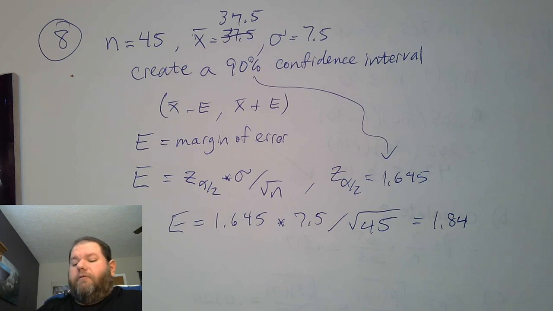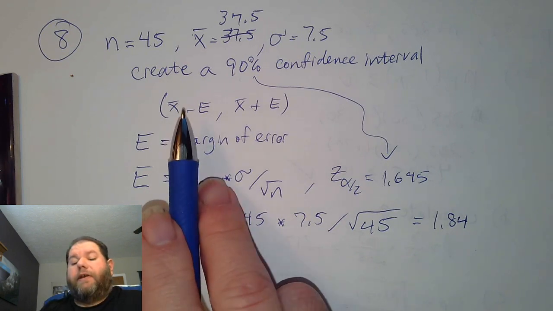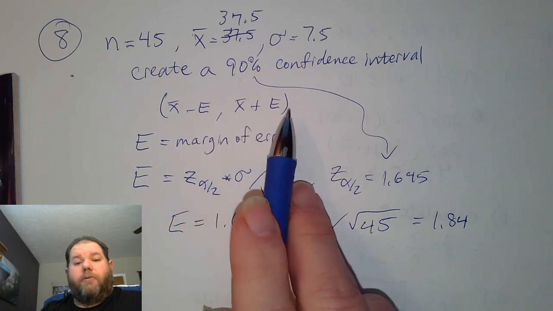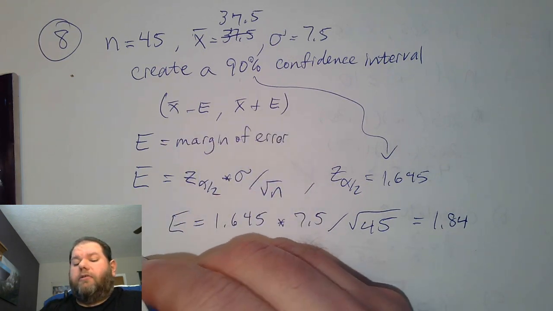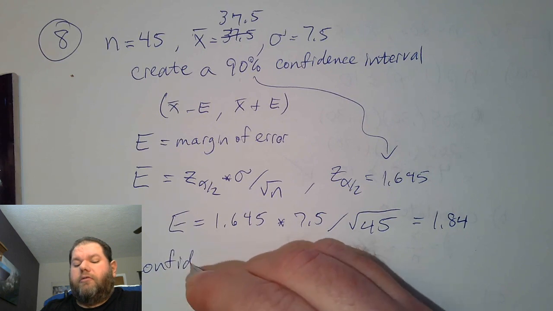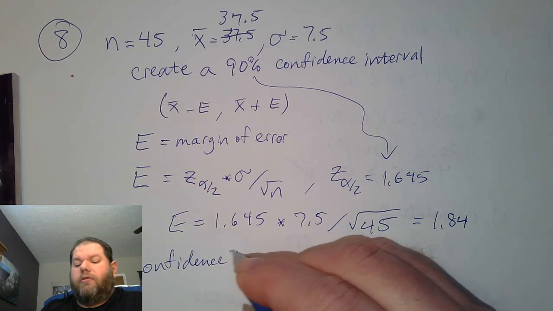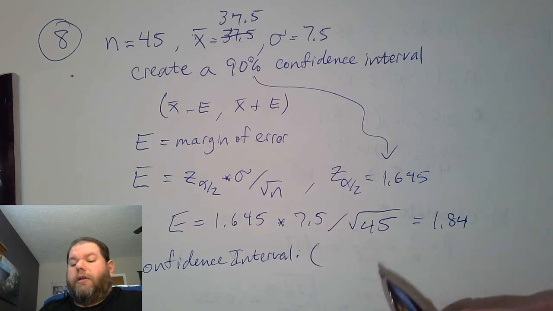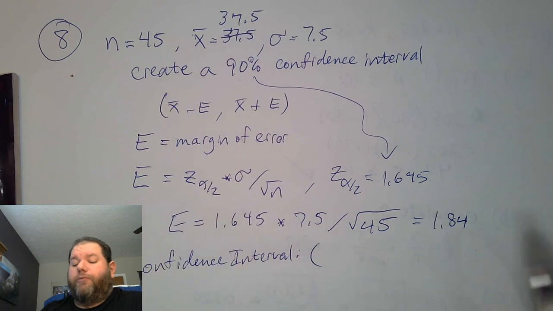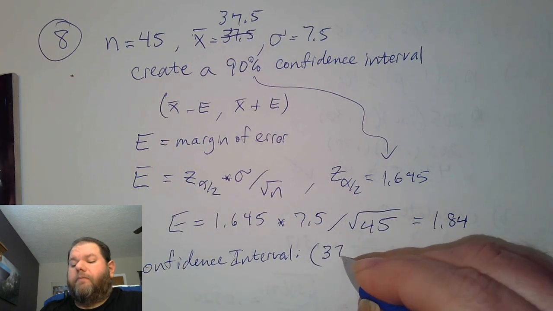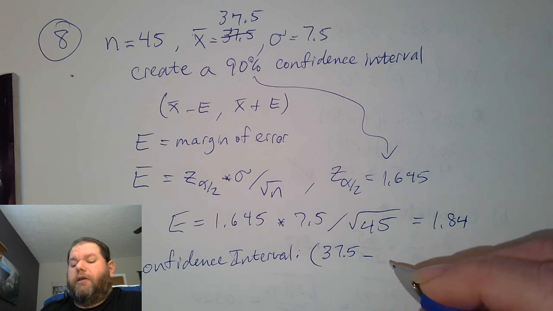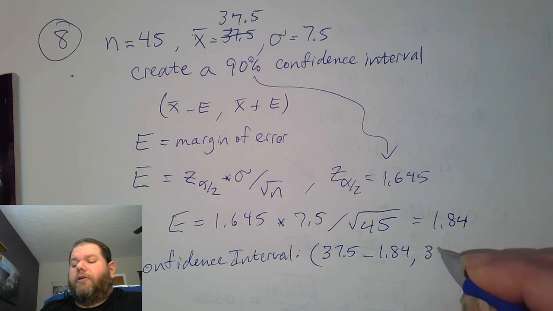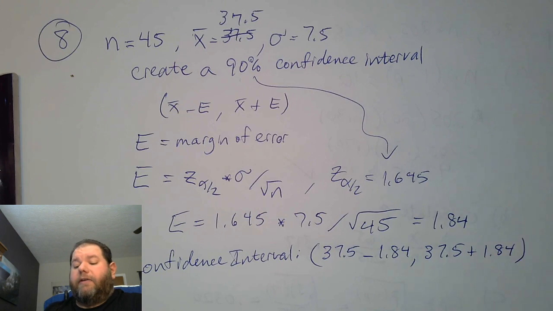Alright, and so our confidence interval we said is x bar minus E comma x bar plus E. Now x bar we know is 37.5 minus E, our margin of error, 1.84, comma, and then our x bar plus E, so just the same two numbers added instead of subtracted.